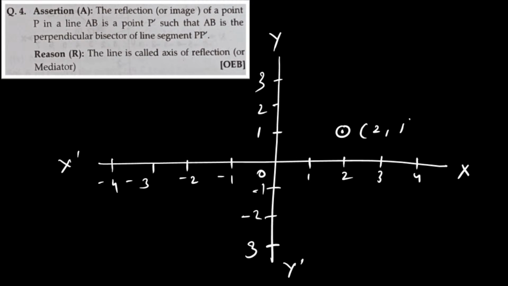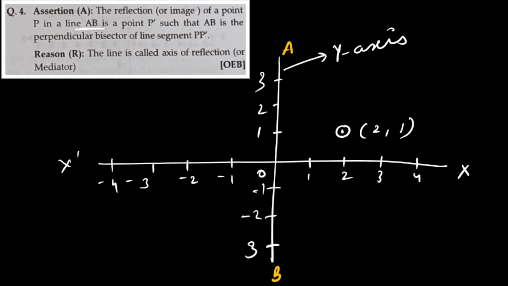This is the point. Suppose I am doing its reflection in the y-axis. So the reflection in line AB they have mentioned, so the y-axis I will just mark as AB, because there they have mentioned the reflection in the line AB.